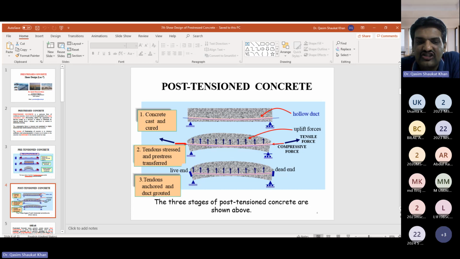Afterwards, the tendons are stressed, and the prestress is transferred to the concrete. Then in the third stage, the tendons are anchored to the ends, and the duct in which there is a tendon is grouted. So this is the three-stage procedure for post-tensioned concrete.